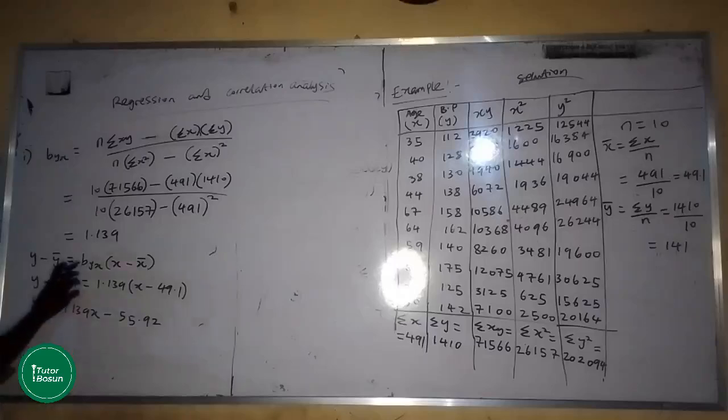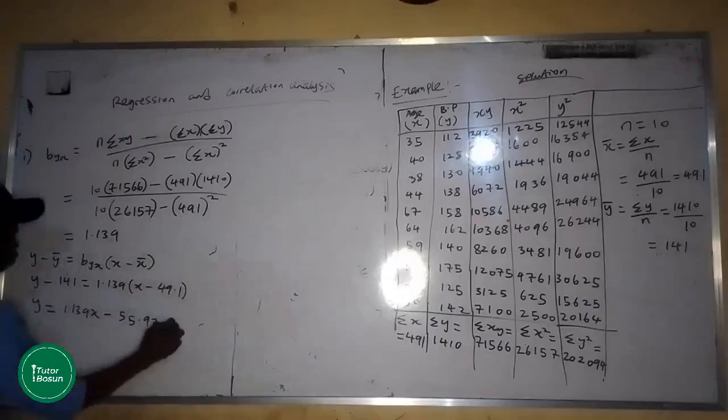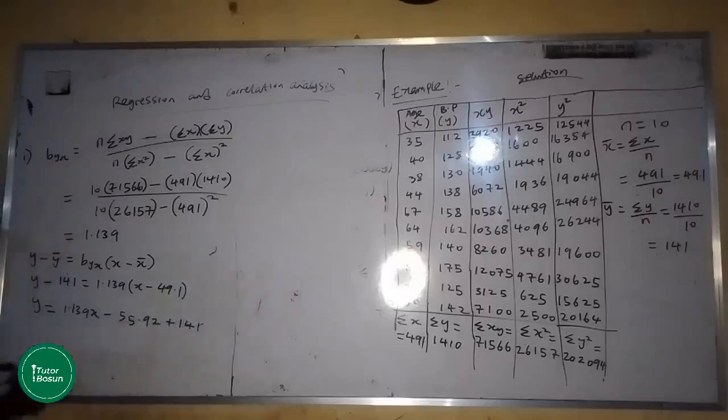But don't forget we have minus 141 here. It comes to this side, it becomes plus 141. So we can add this together with this. So you can say 141 minus 55.92.